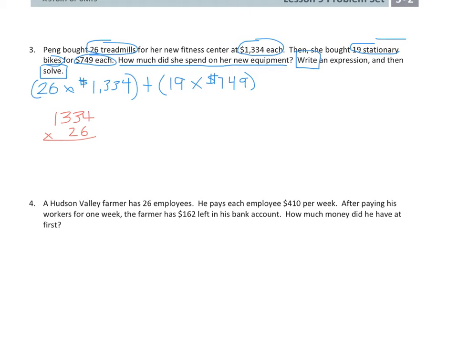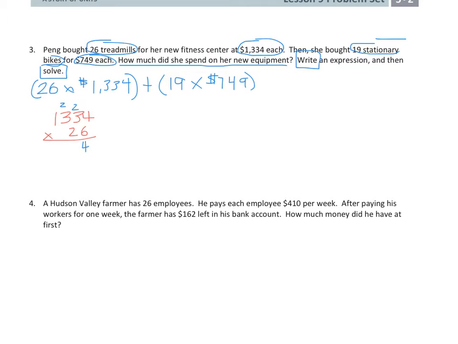Okay, 1,334 multiplied by 26. 26 tells you there's going to be two partial products. So that gives us a good little roadmap. So 6 times 4, that's 24. I'll do that in blue. So 4 goes down, 2 comes up. Then we have 6 times 3, that's 18, plus 2 more, that will give us 20.